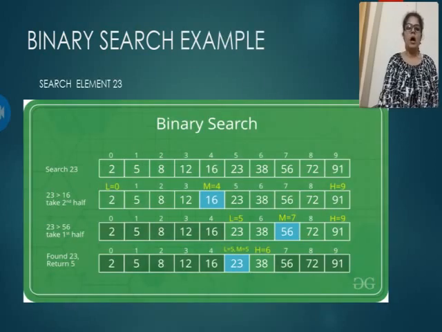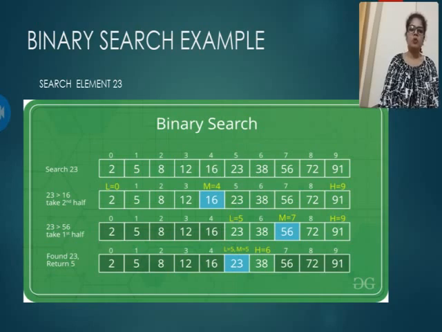Next is how it works. I have taken an example of binary search to explain the concept of how it works. I have taken an array with a total of 10 elements. The first element of the array is 2, which is stored at index number 0, and the last element of the array is 91, which is stored at index number 9.